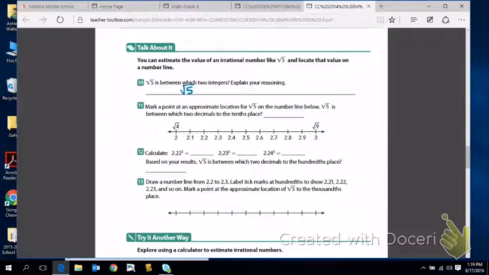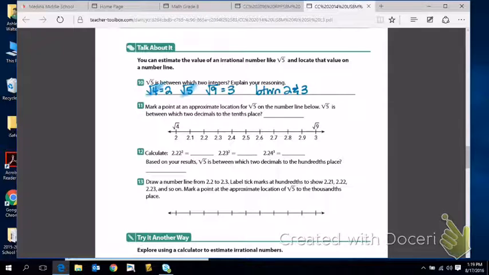The square root of 5 falls between the square root of 4, which is 2, and the square root of 9, which is 3, which means that the square root of 5 is between 2 and 3. We should notice that 5 is closer to 4, therefore we might assume that it is closer to 2 than to 3.